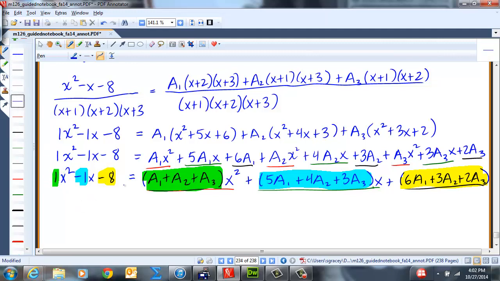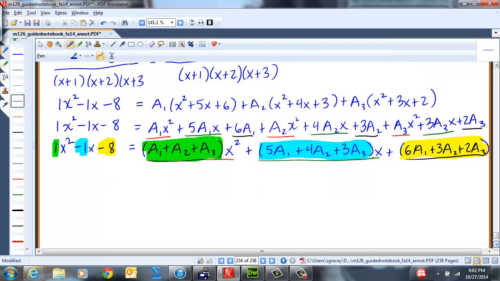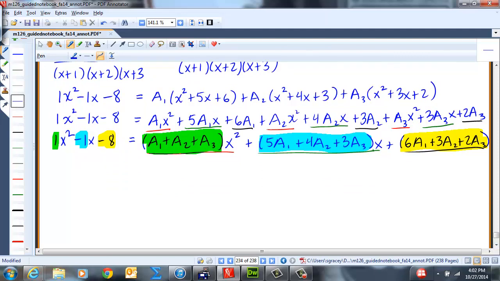So here we go. We end up with a system. It's going to be a little bit complicated, this system. That's okay. We'll have a1 plus a2 plus a3 equal to 1. So that takes care of the green. Then we have 5a1 plus 4a2 plus 3a3 equal to negative 1.